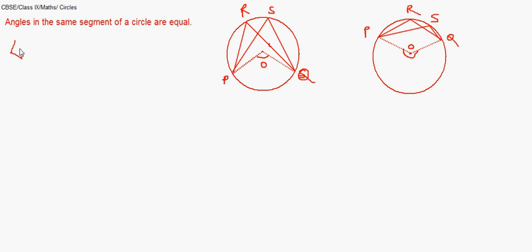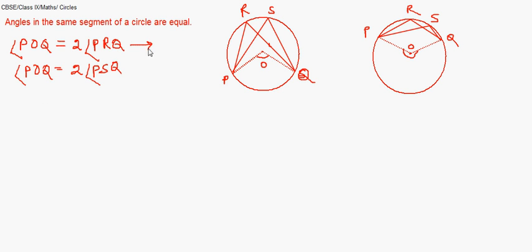So angle POQ can either be expressed as twice of angle PRQ as well as twice of angle PSQ. So we can equate the right hand sides of both equations.